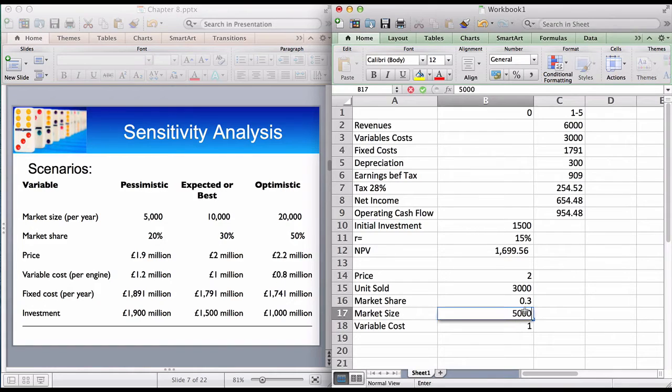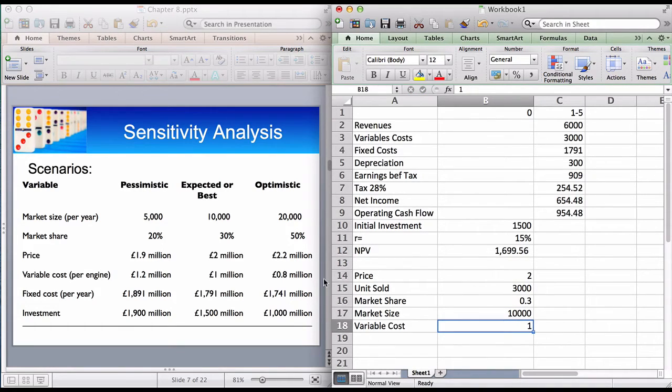So we could put 5,000 in here and we get an NPV which is negative. Notice this negative sign here. And so you would reject the project if the size of the market was only 5,000. If it was 20,000, well, clearly you would accept it. It's very good because you're capturing 30% of that. And sensitivity analysis basically just goes through that whole process.